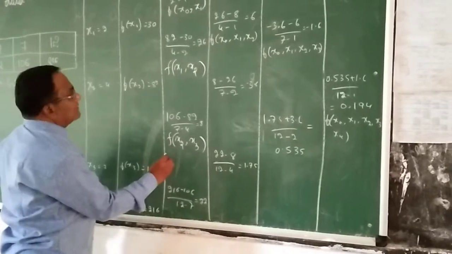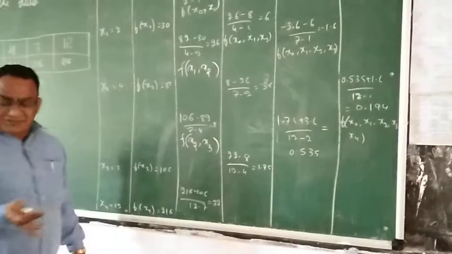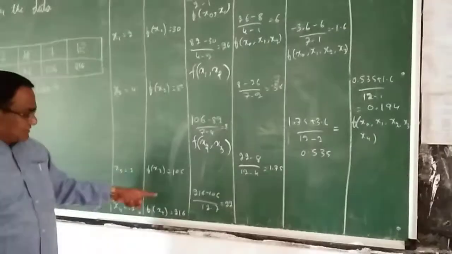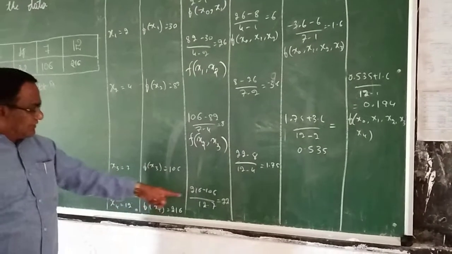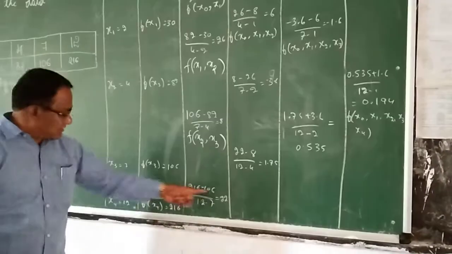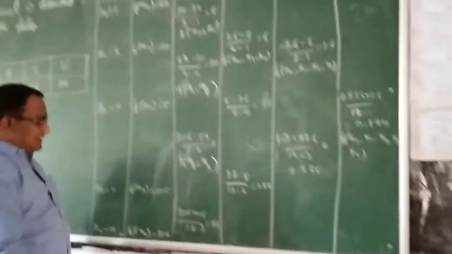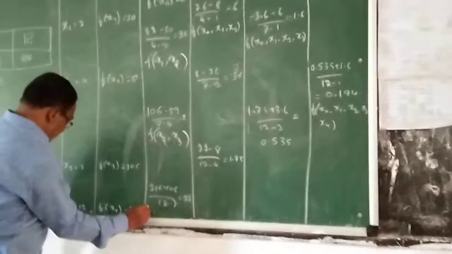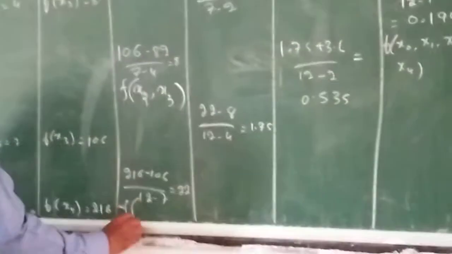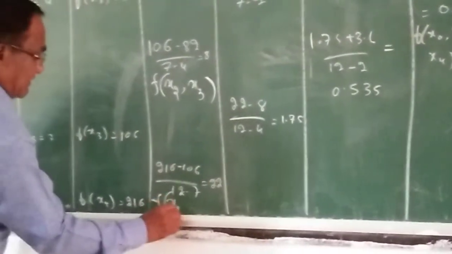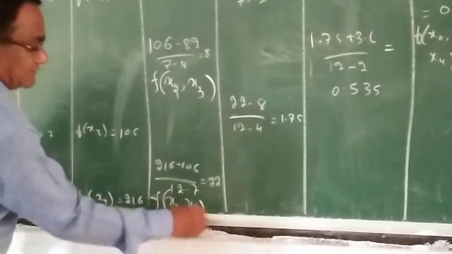Next, 216 minus 106 divided by 12 minus 7 is equal to 22. And this is f of x3 comma x4.